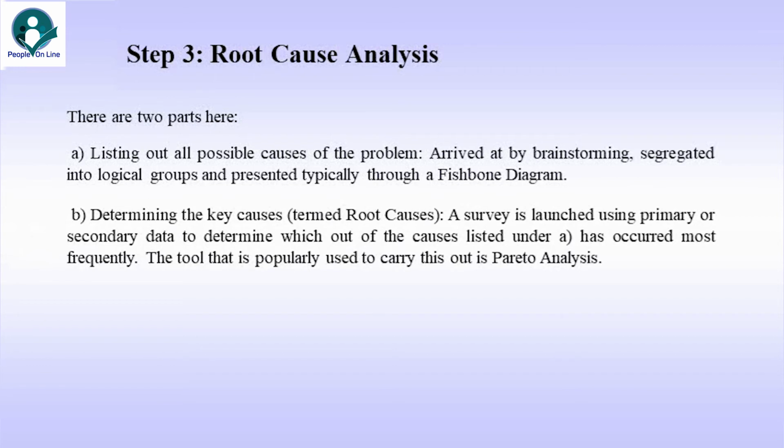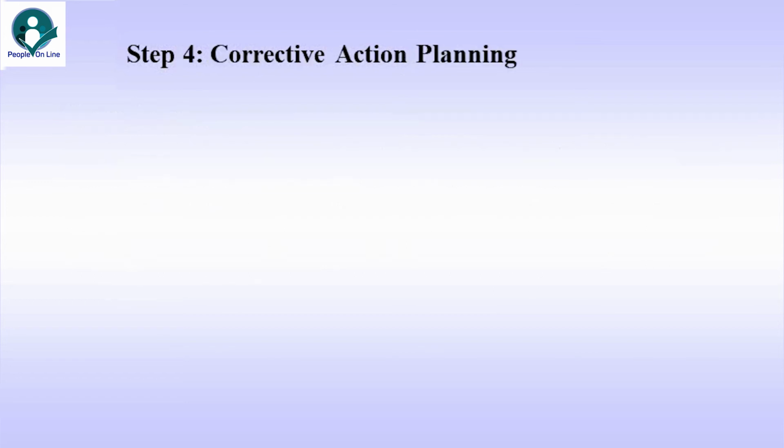B, determining the key causes, termed as root causes. A survey is launched using primary or secondary data to determine which out of the causes listed under A has occurred most frequently. The tool that is popularly used to carry this out is Pareto Analysis.